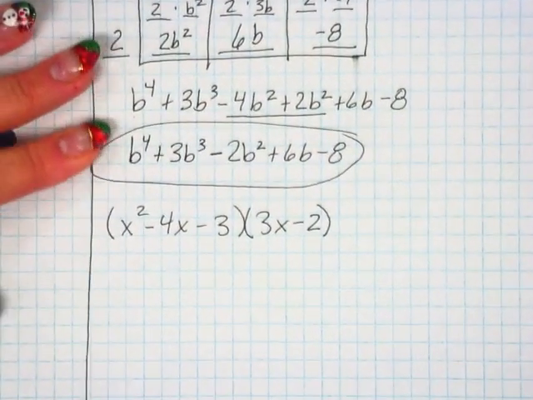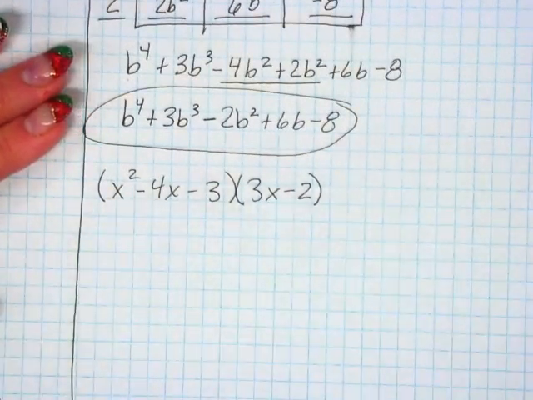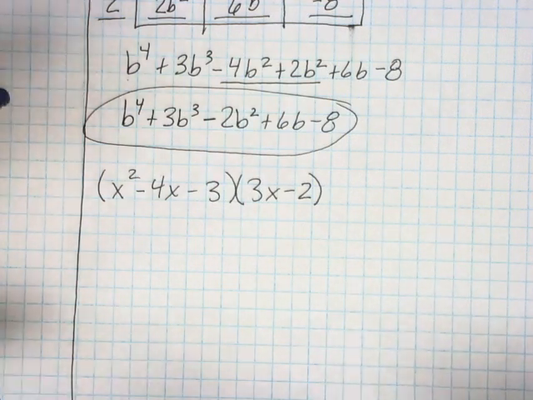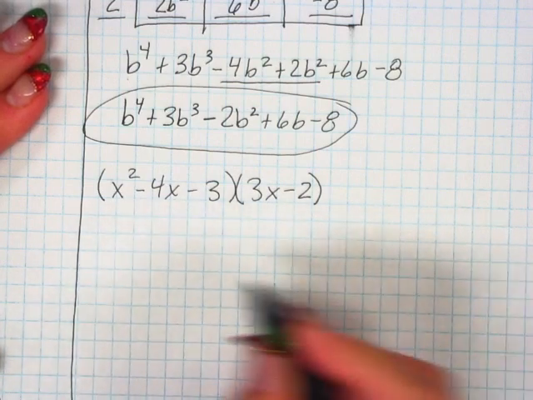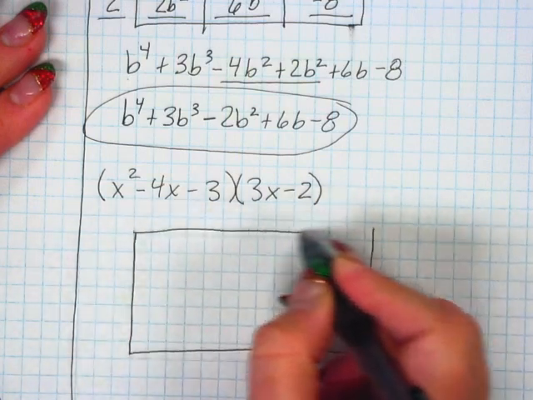All right, x squared minus 4x minus 3 times 3x minus 2. Again, I'm going to make my box. It doesn't matter. I could put 3 on the side and 2 on the top. I'm just going to stay with my 2 by 3 box.